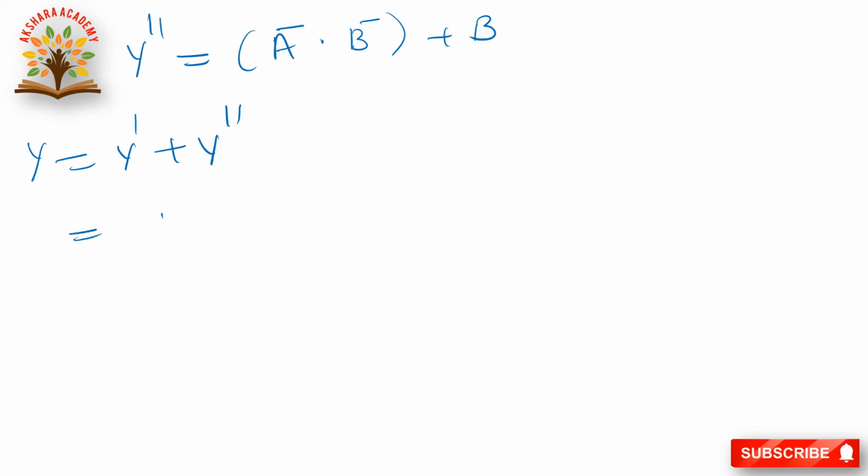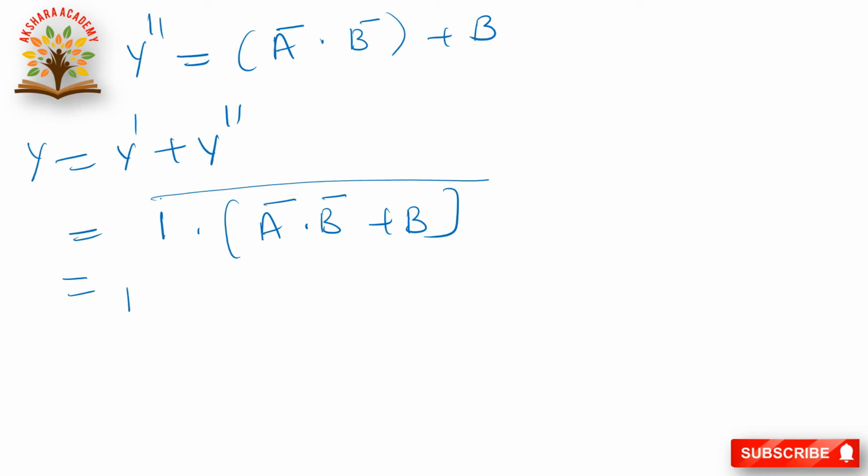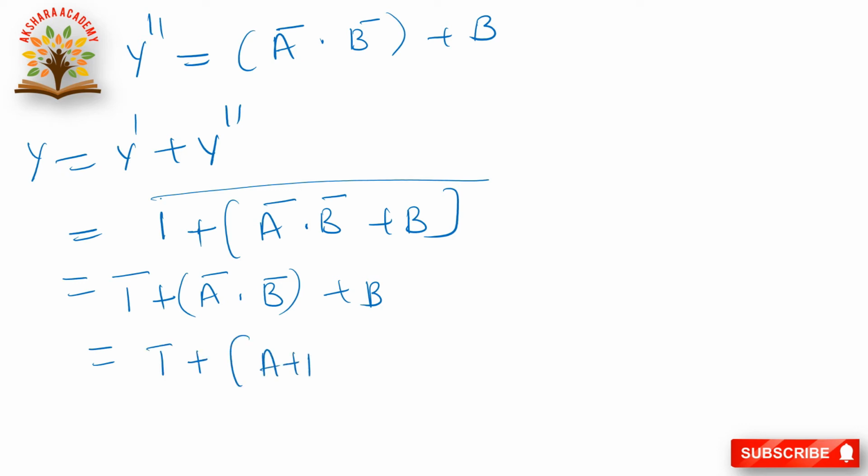Next one, Y double dash is equal to A bar dot B bar plus B. So now Y is equal to Y dash plus Y double dash, so that is equal to 1 dot A bar dot B bar plus B, that is equal to 1 bar plus A bar plus B bar dot B bar.